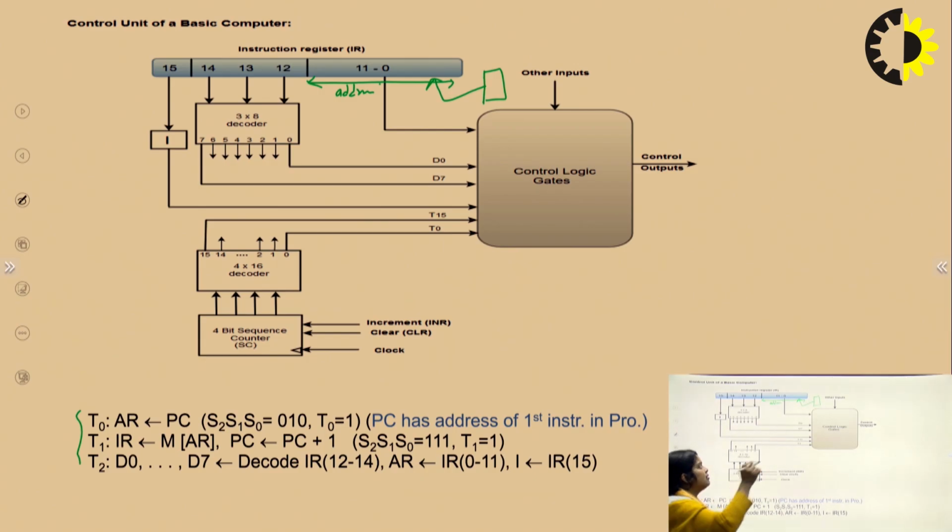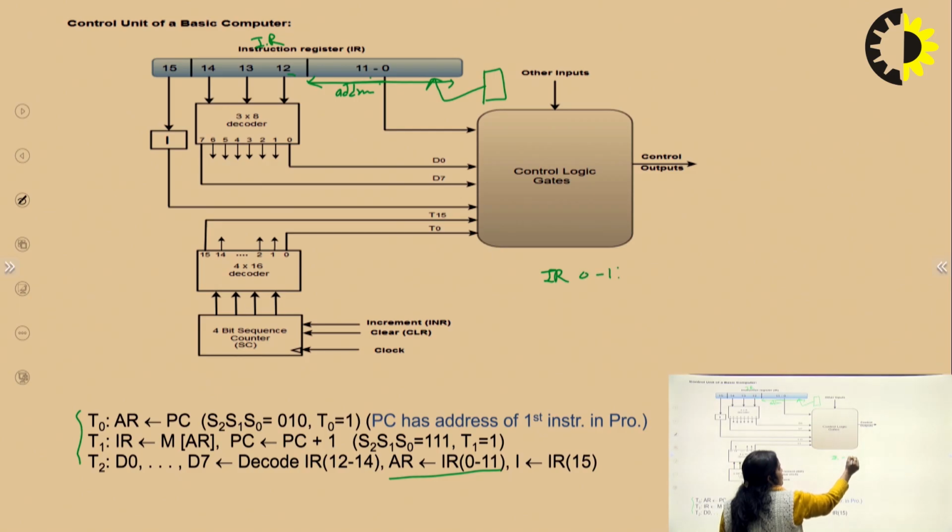This fetching of the instruction is going on here, 0 to 11. Here you can see AR is IR 0 to 11, the address register of the instruction. This is the complete instruction register. IR 0 to 11 is actually the address.